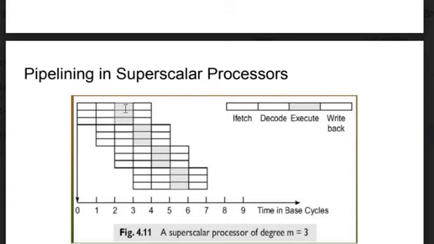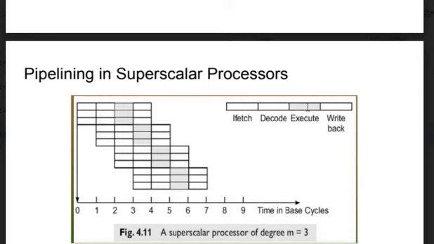Among 200 instructions, identify which 3 are independent and supply them in the very first instance. Very first instance doesn't mean 0 to 1, it means 0 to 4, because there are 4 activities, and each will take a single instance of time.